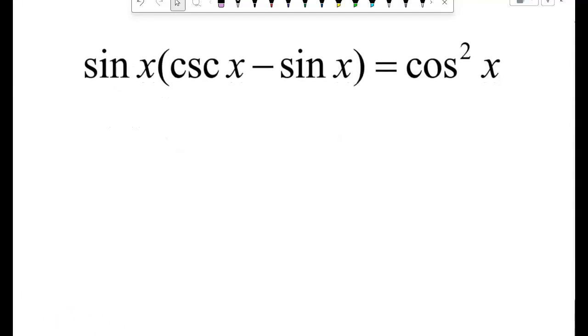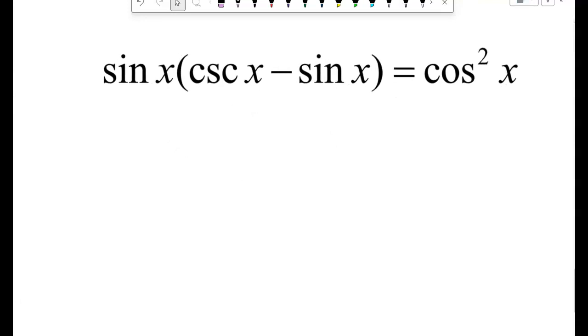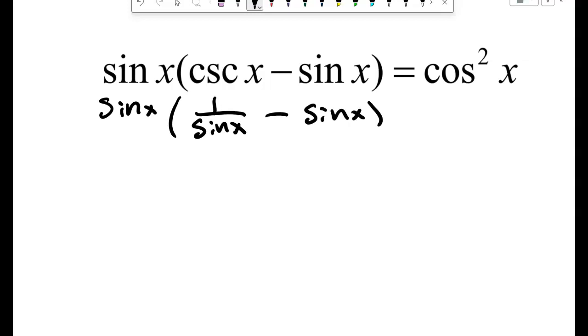All right, so let's do this one real quick. On this one, obviously the ugly looking side is the left side. So now what do I do? I choose to do cosecant. Now, you can either distribute first or change. I think either one's a good method of doing this. A lot of people, I think, change this first. Did you guys? Now, okay, what else can we do?